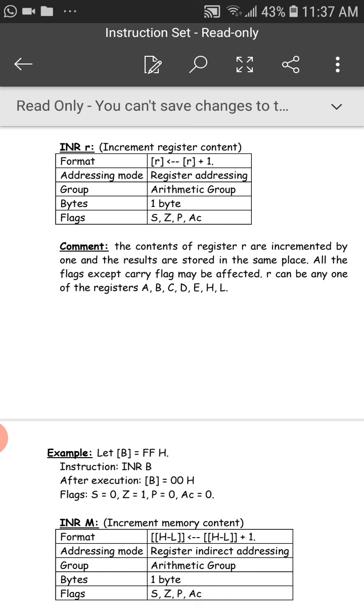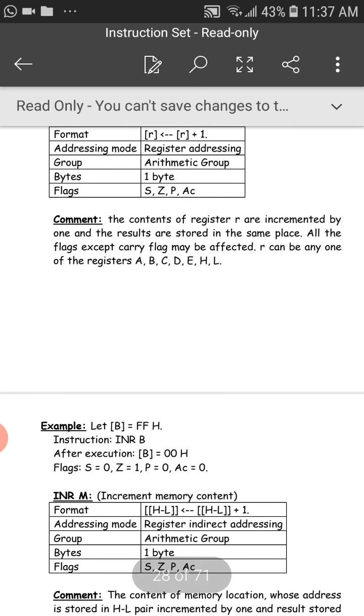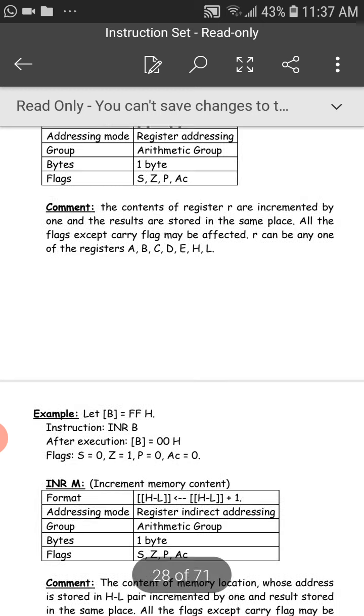It is a 1 byte instruction. Flags affected are S, Z, P, A and C. The content of register R is incremented by 1 and the result is stored in the same place. All the flags except carry may be affected and R can be any one of the registers, that is A, B, C, D, E, H or L.